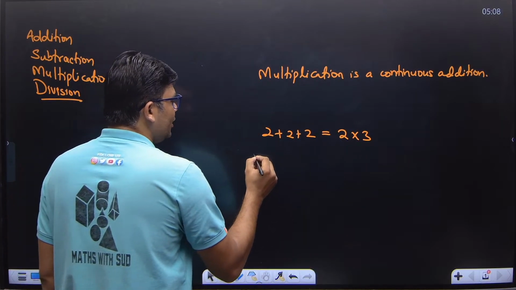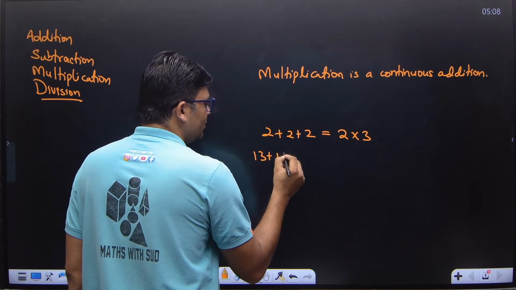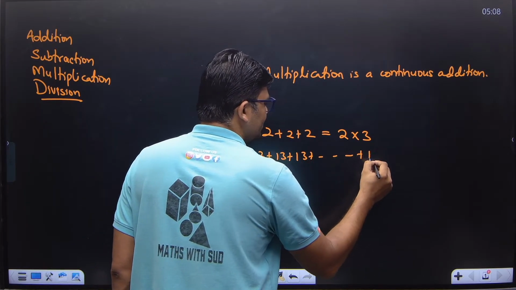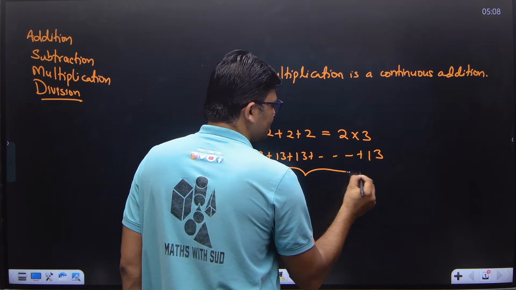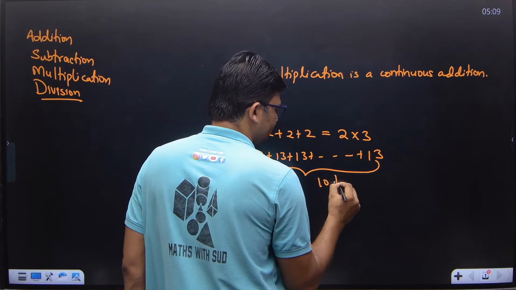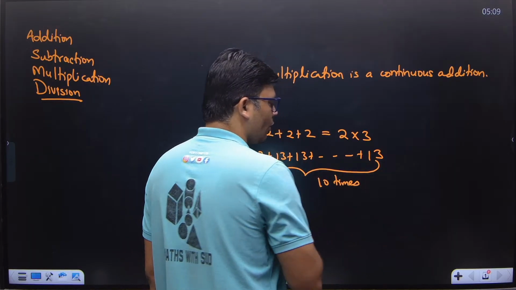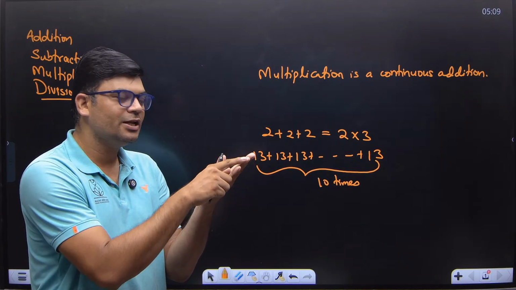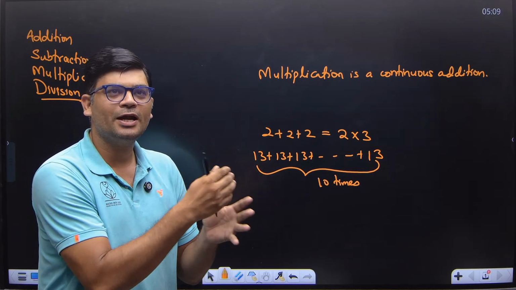Similarly, if you ask what is 13 plus 13 plus 13, and you are doing it, let us say, 10 times, you are not going to add 13 plus 13 is 26, and then again add to get 39, and keep on adding like this.